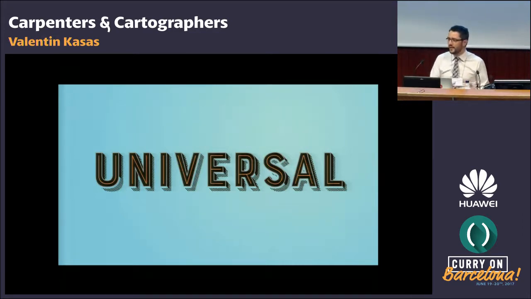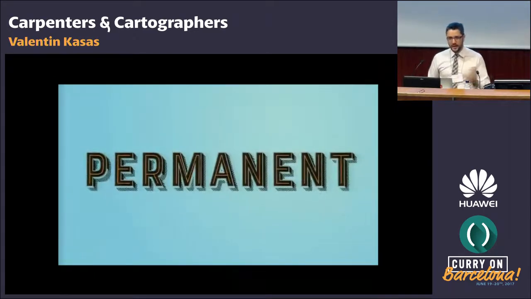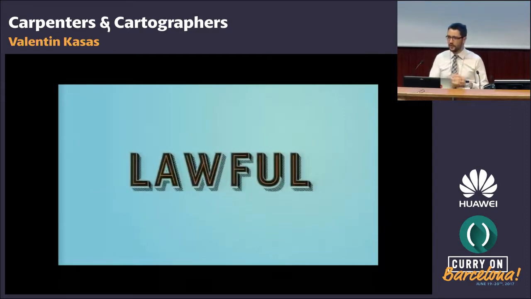It's very unlikely they call them functors, but we can compare them. Abstractions are permanent. Once you've proven a theorem, it will not be unproved. There will not be a category theory version 2 that will make obsolete our functors and monads and applicatives and so on. And more importantly, abstractions are lawful.